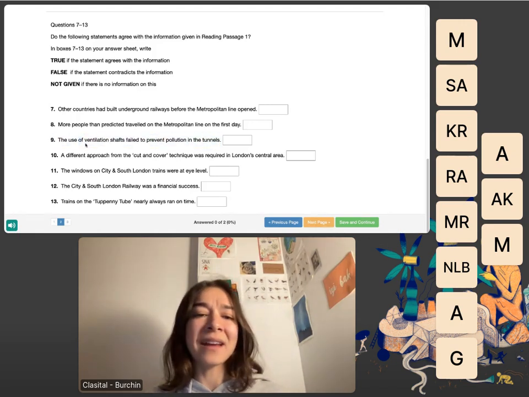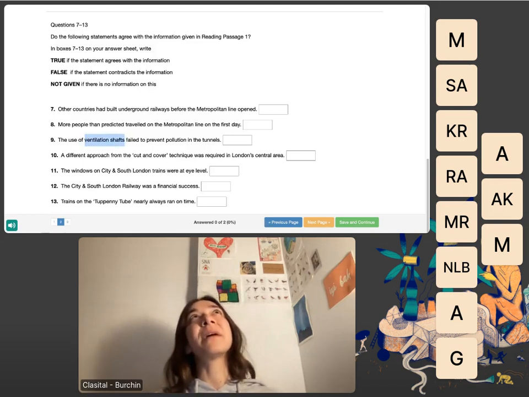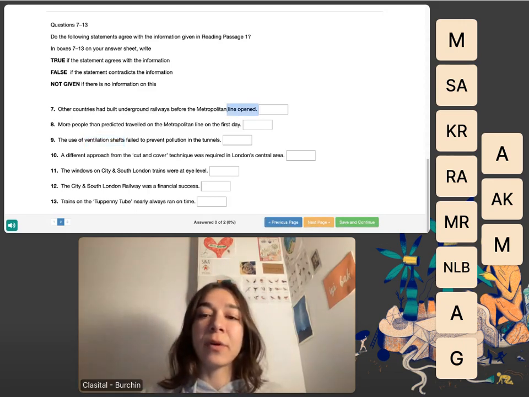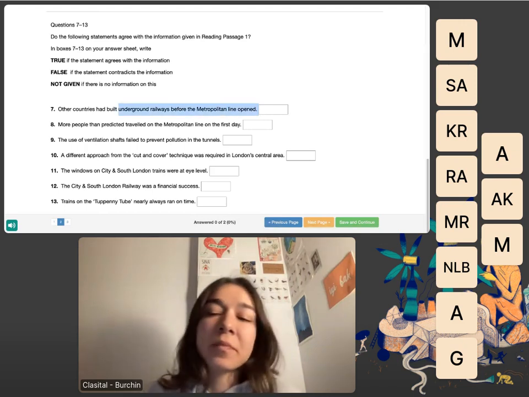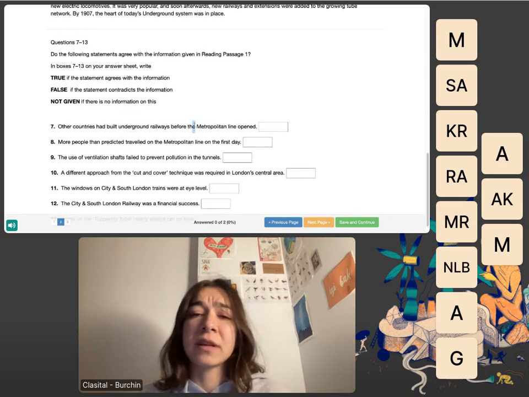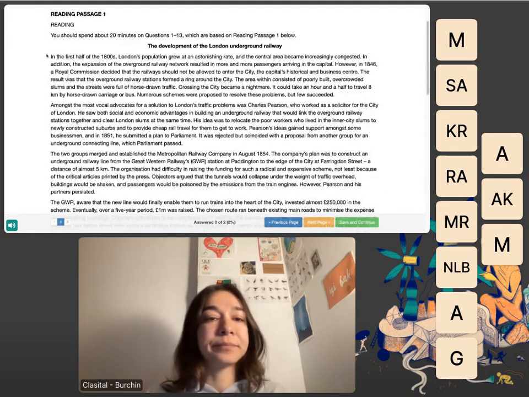I think ventilation shafts is very specific. If I were you, I would look for these keywords. There can be paraphrased sentences or synonyms, but we will see. Okay, let's start.